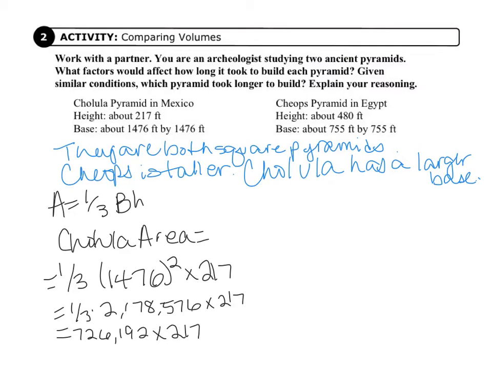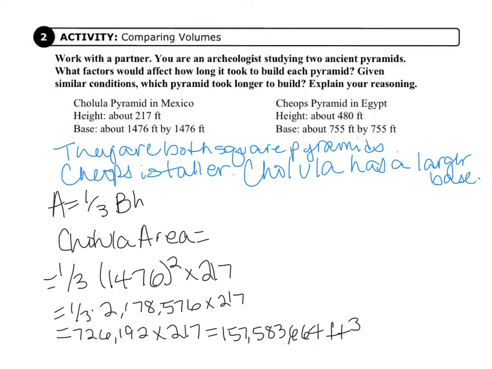So when we take that big number and multiply it by 217, you're not going to be surprised that we get another giant number, which is 157,583,664. And we say that as 157,583,664 cubic feet. That's a big pyramid.